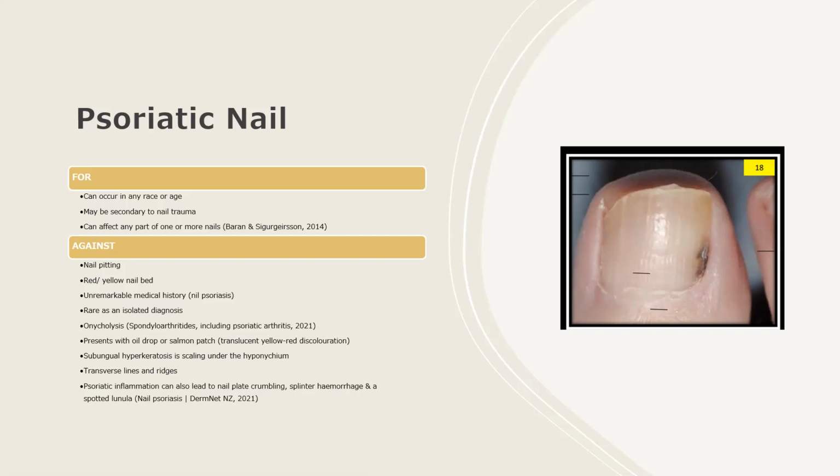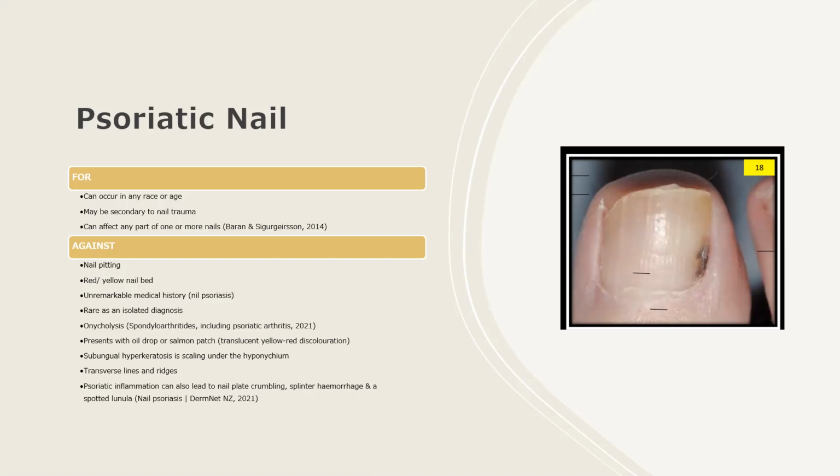Reasons for ruling out psoriatic nail is the fact that there is no nail pitting, there's no significant red or yellow discoloration. He has an unremarkable medical history, no diagnosis of psoriasis, and psoriatic nail is rarely diagnosed in an isolated diagnosis.